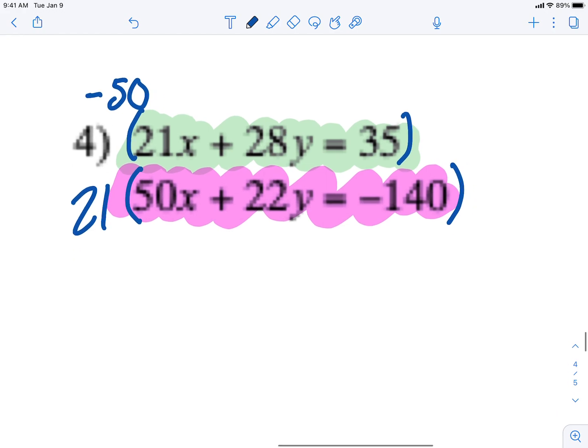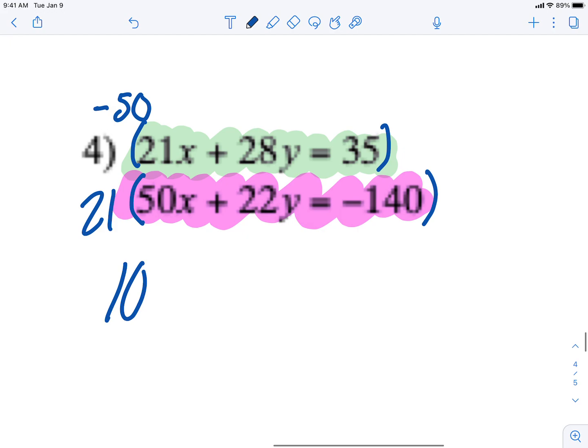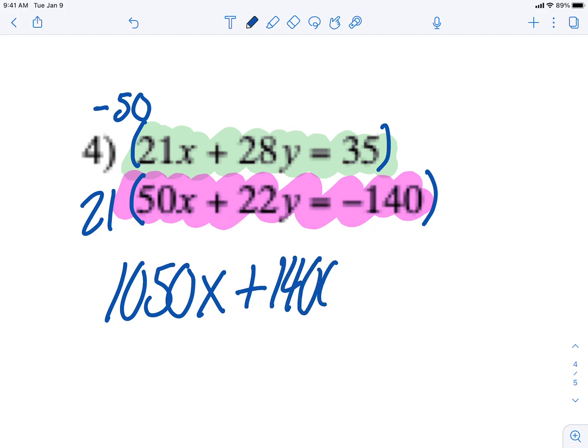So I am going to distribute, right? I'm going to distribute 50 times 21, so you use a calculator. 50 times 21 gives you 1050x plus 50 times 28 gives you 1400.